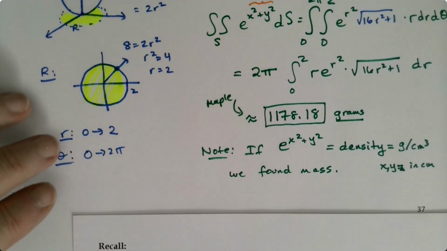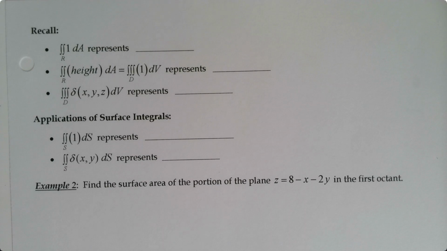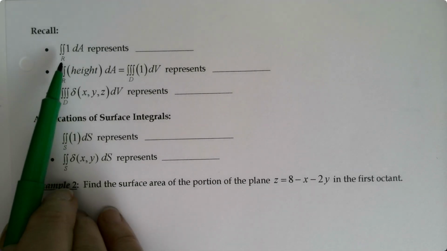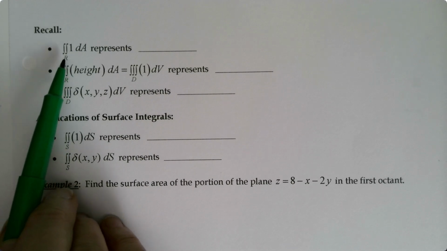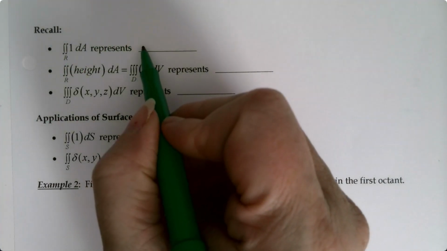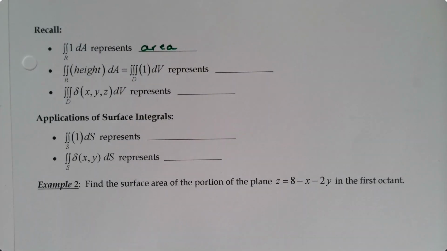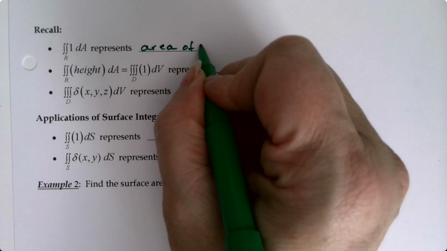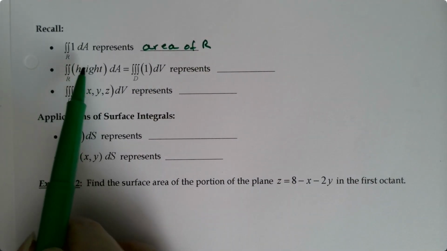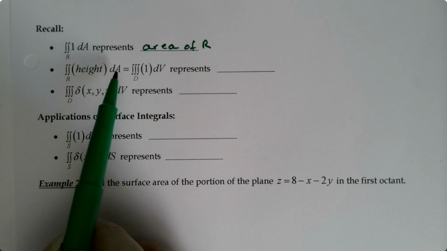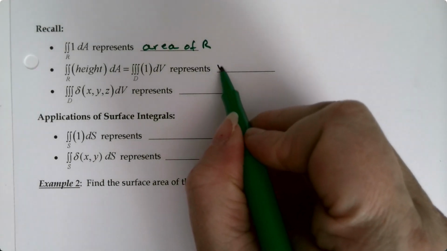Which leads me to the top of the next page, because I just want to review what we've seen so far. If you take the double integral over a region of 1 dA, that represents area, right? The area of the region. If you find the triple integral of 1 dV, that represents volume.